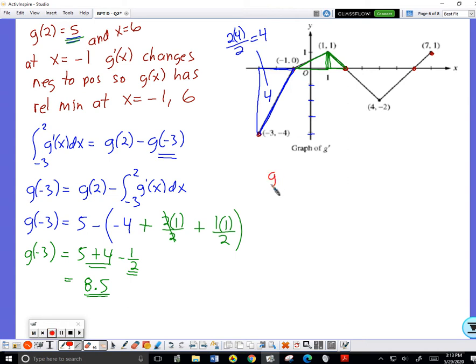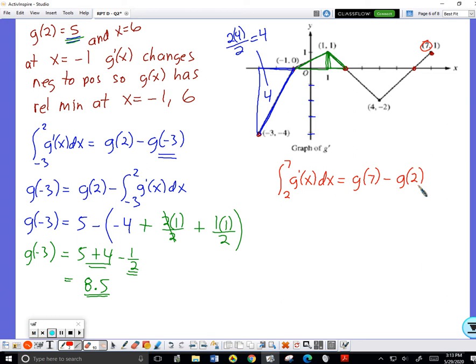So we're going to do the fundamental theorem again. The integral now from 2 to 7 of g prime is equal to g of 7 subtract g of 2.